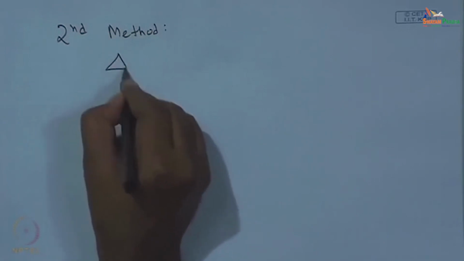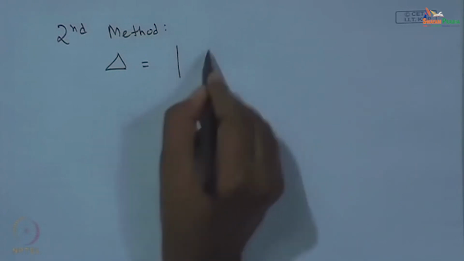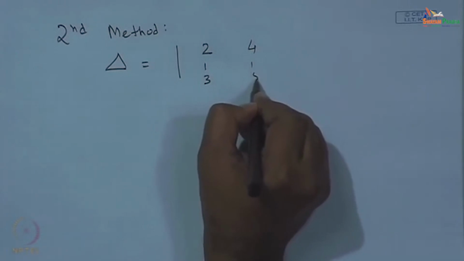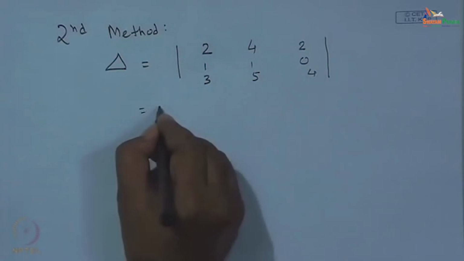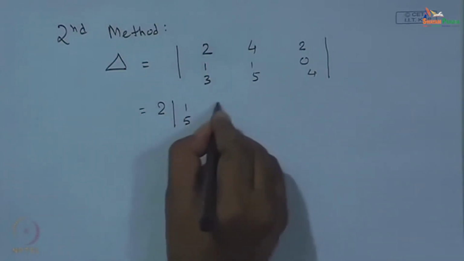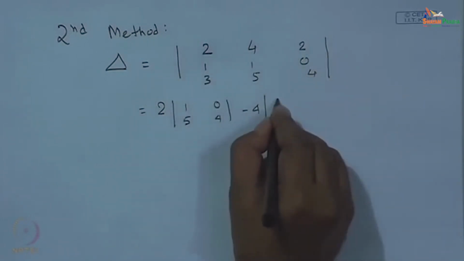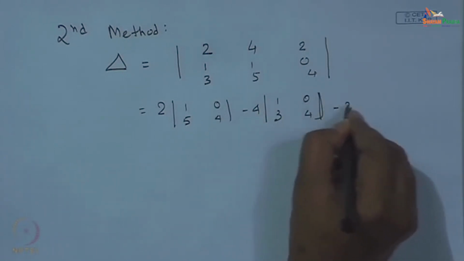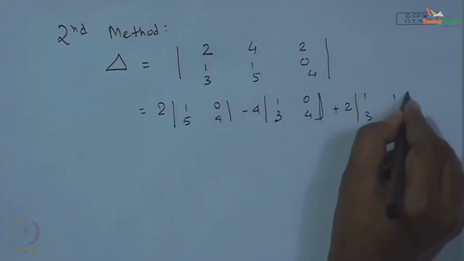The determinant is constituted by these elements 2, 1, 3, 4, 1, 5, 2, 0, 4, and if you simplify, it is 2 times the determinant 1, 5, 0, 4, minus 4 times the determinant 1, 3, 0, 4, plus 2 times the determinant 1, 3, 1, 5.